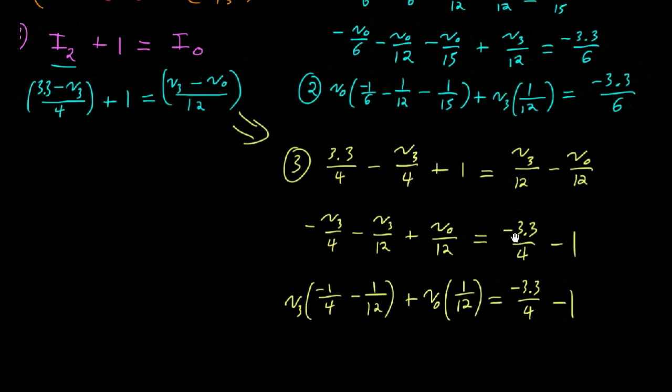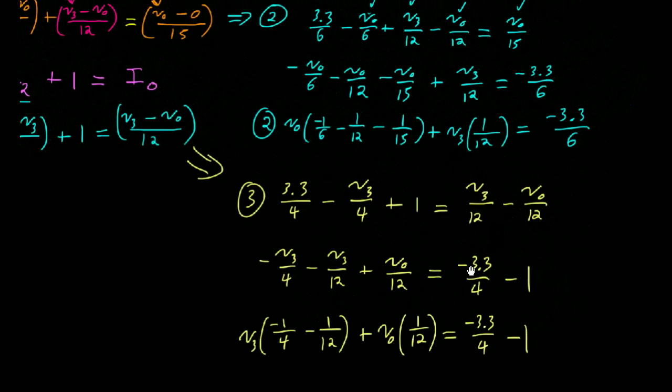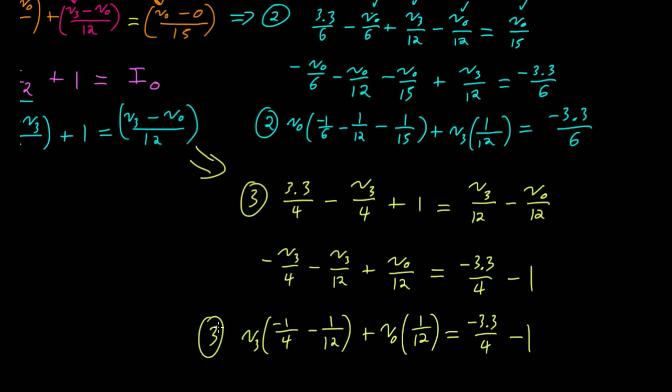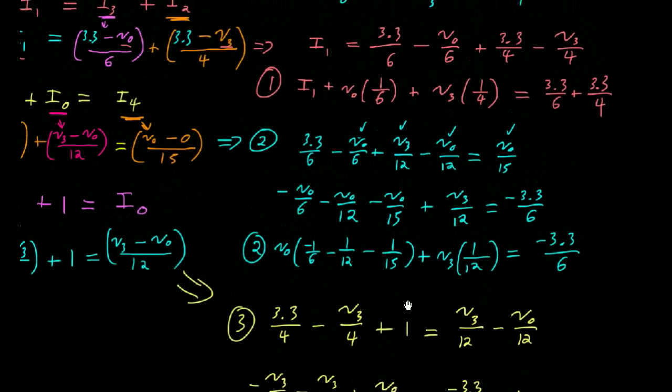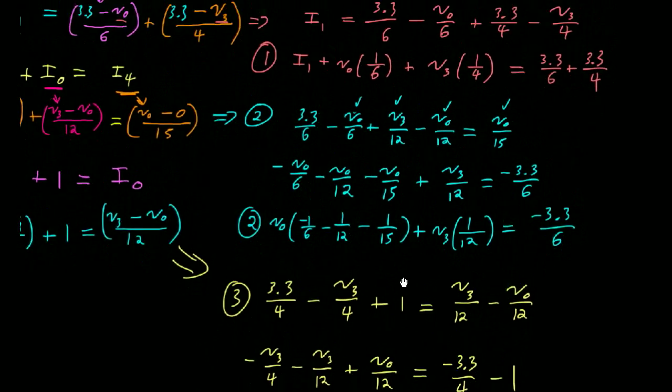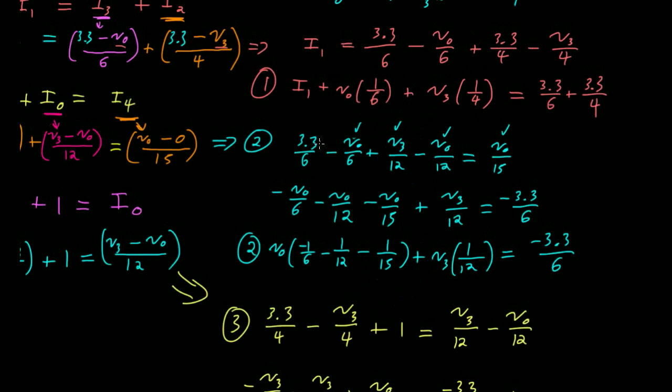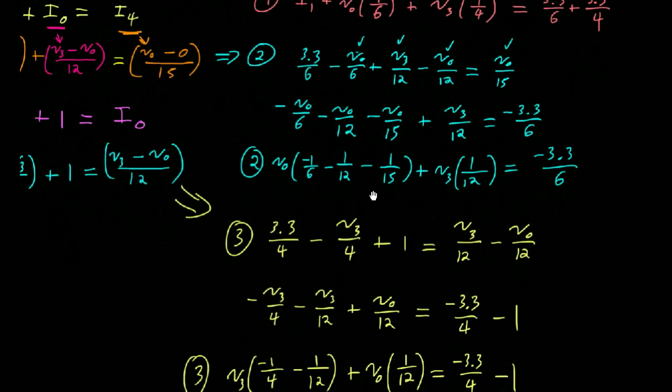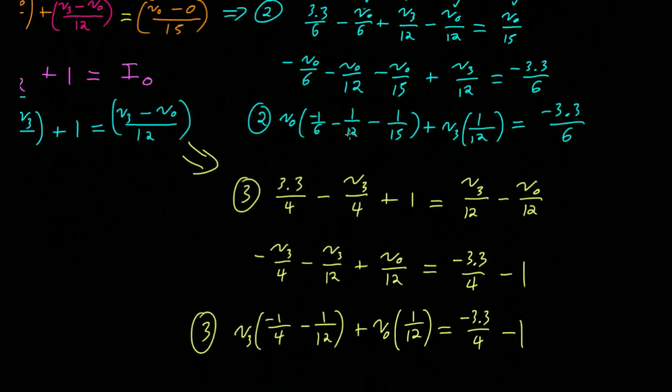So now this is my third equation. I have 3 equations, 3 unknowns, and I have those equations in the exact form that I want them to be in for them to be of most use to me.